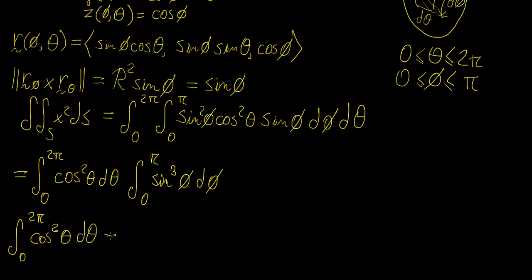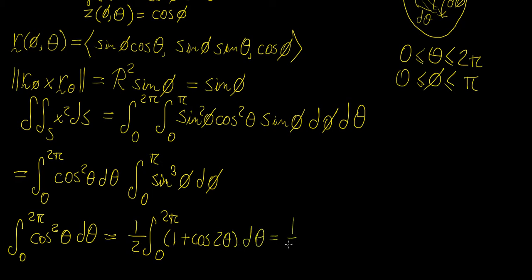For this one, we can use a simple trigonometric substitution. Hopefully you are quite familiar with this one because we have used it quite a lot in this series already. So it's going to be 1 plus cosine 2 theta, all of this times 1 over 2 d theta.